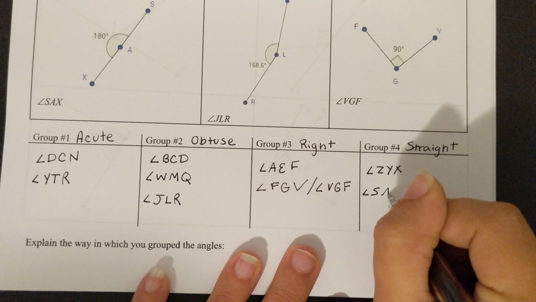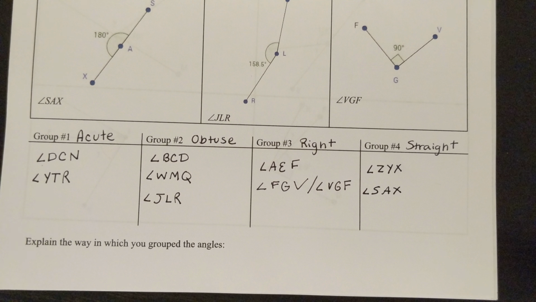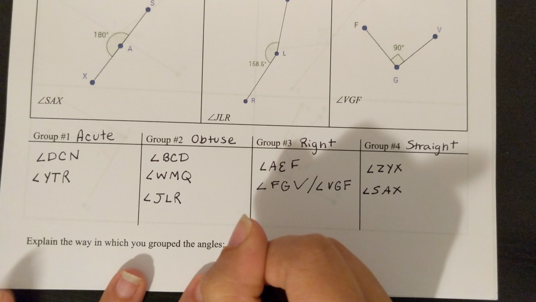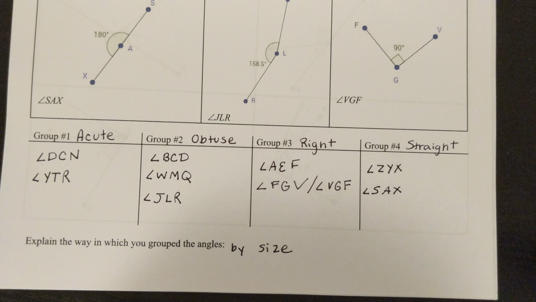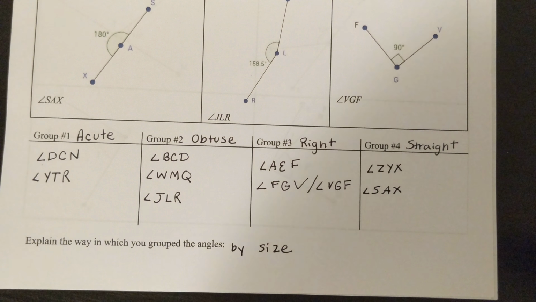It says explain the way in which you group the angles: we grouped them by size. On the next page we'll write definitions of all the different sizes of acute, obtuse, right, and straight angles.